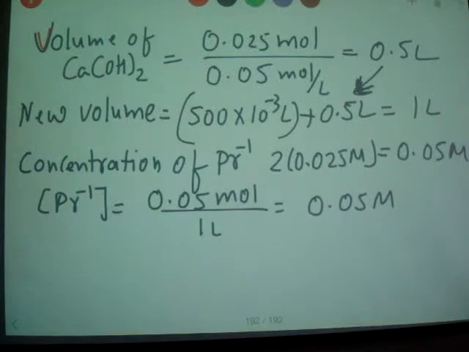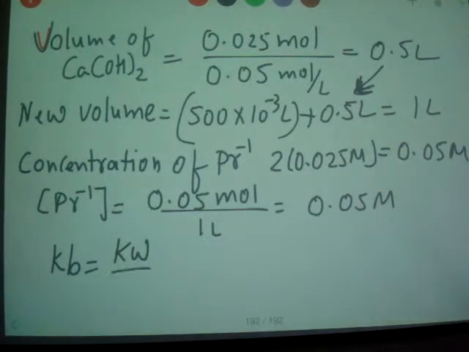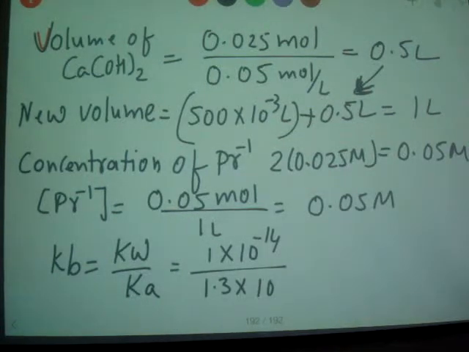Now, we can calculate Kb equals Kw divided by Ka. We have Ka given and we know Kw. So we can plug that number in and find out Kb, which is 7.7 times 10 to minus 10.